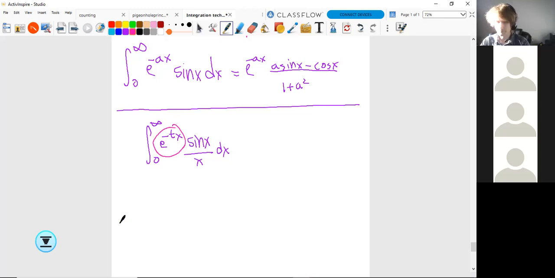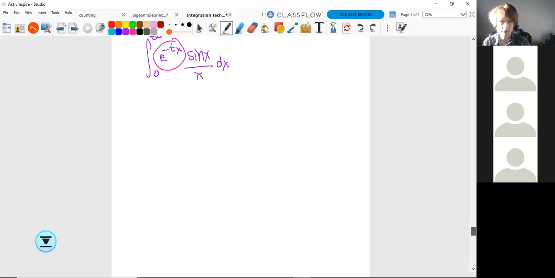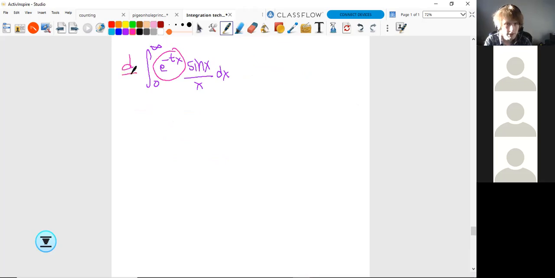So let's take the derivative of this thing with respect to t. If we do d/dt of this, then we get the integral from 0 to infinity of... that's not correct.